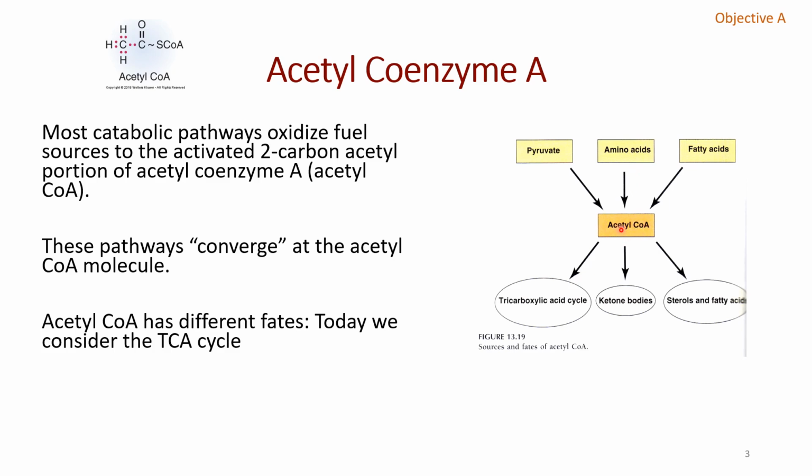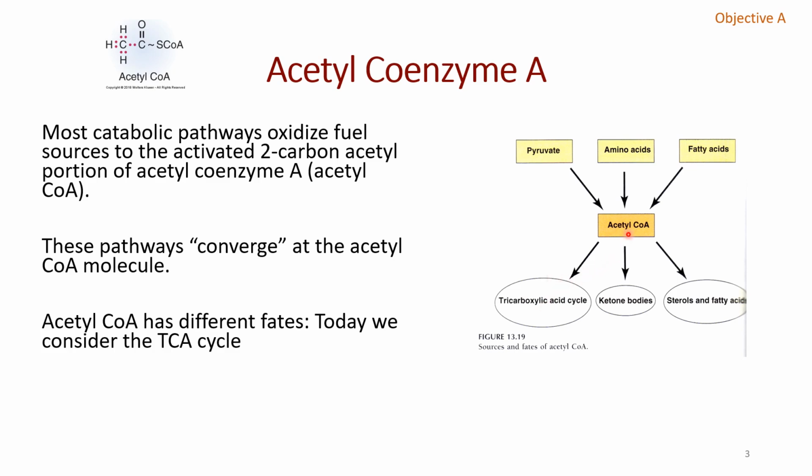Well, the primary use of acetyl-CoA is going to be the TCA cycle, which will extract electrons from acetyl-CoA, set up the reduced cofactors that are needed for the electron transport chain, and lead to oxidative phosphorylation.